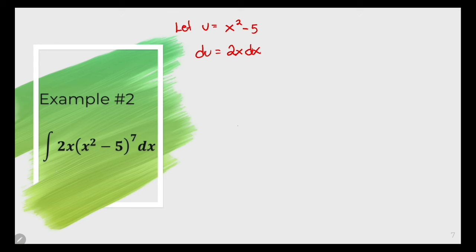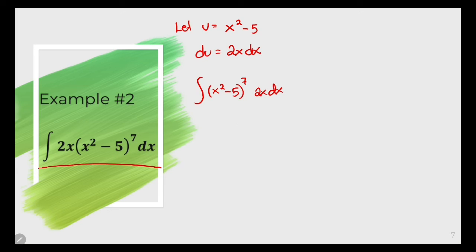From our original expression, we need to rearrange this one. We write first the x squared minus 5 to the power of 7, and you have the 2x dx.